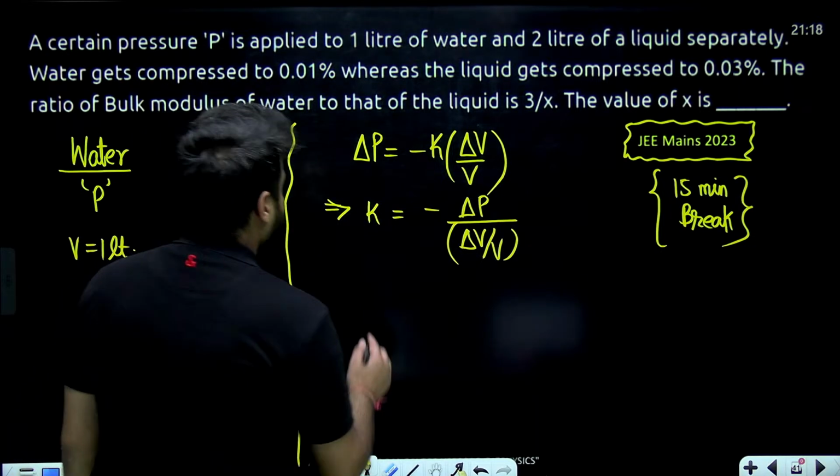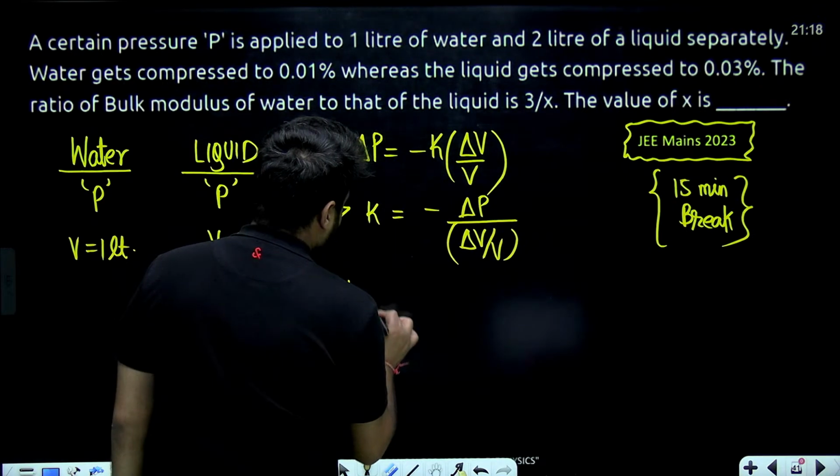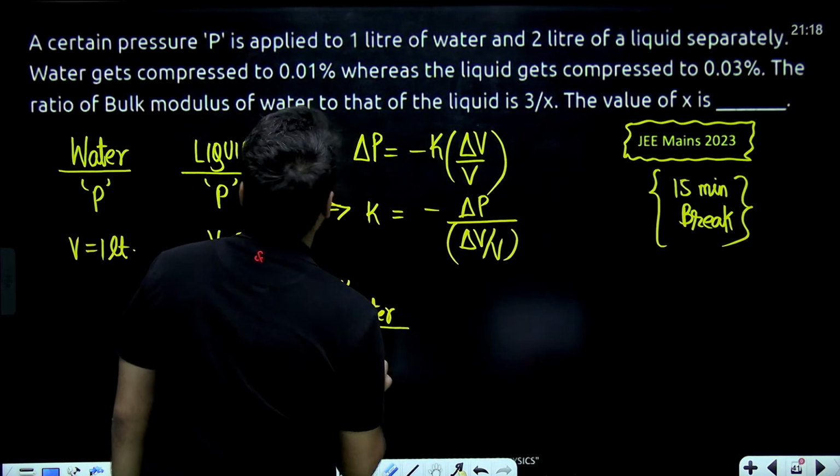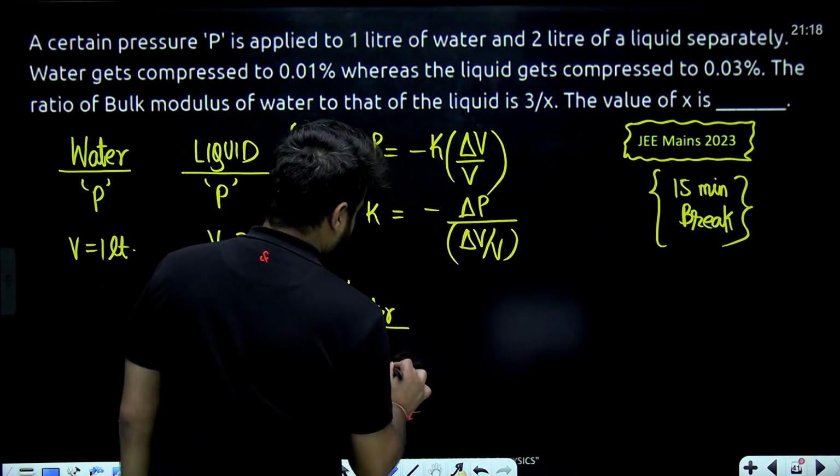Can you tell me what the bulk modulus for water is with respect to the bulk modulus of the liquid?